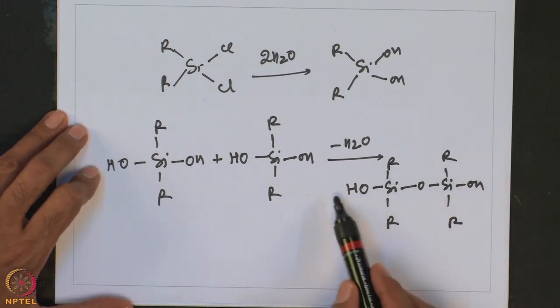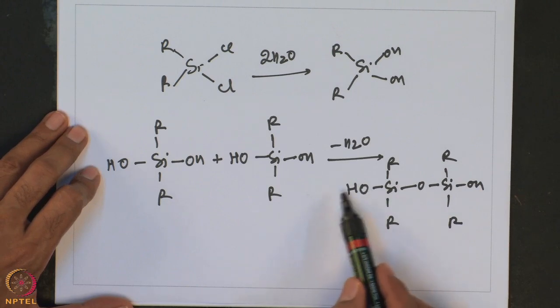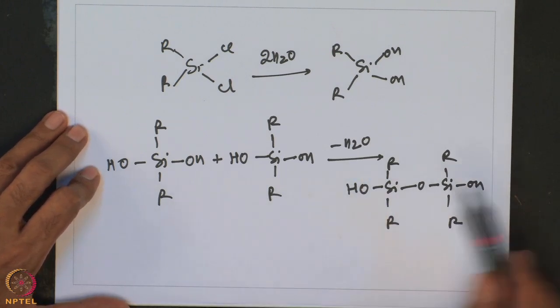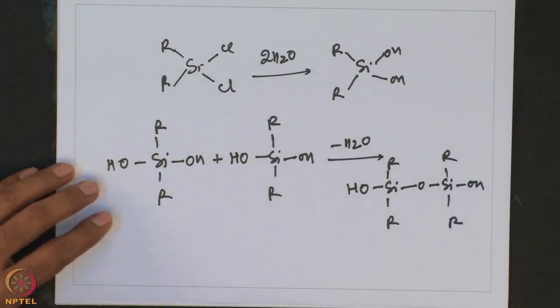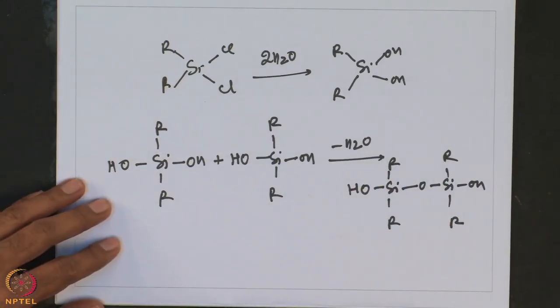So, it continues. Here again another molecule can come and condense, eliminating a molecule of water to give a one dimensional chain. So, this is how silicones are made essentially.